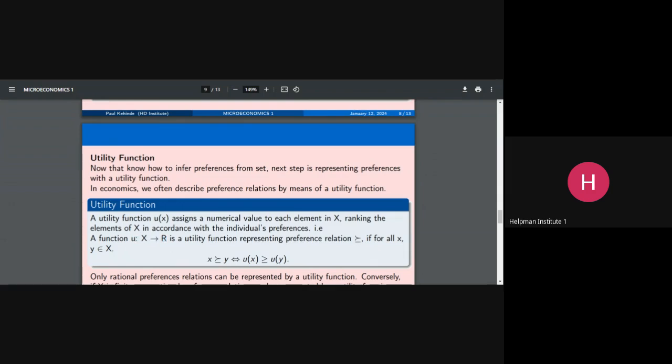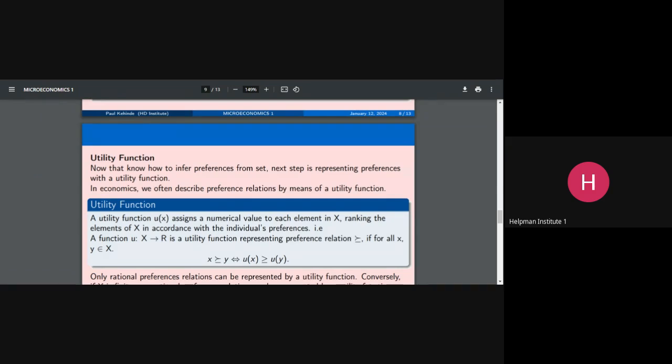This colon means is defined on a preference set that maps to a real number. Let me come again. A utility function that is defined on a preference set that maps to real numbers. When this maps, it means that it is assigned to a real number.